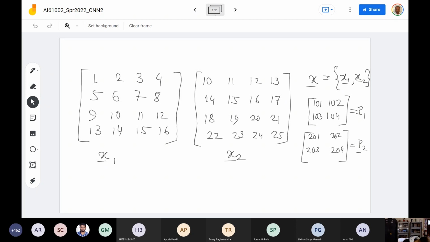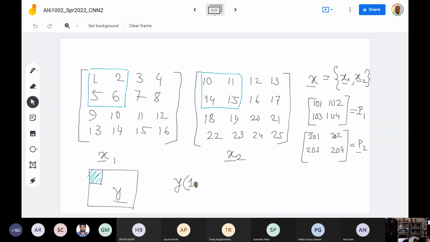My first location is going to be what I operate on this block of X. Let us look at what this first location of Y is going to look like. This is my resultant, which is Y, at the one comma one location.